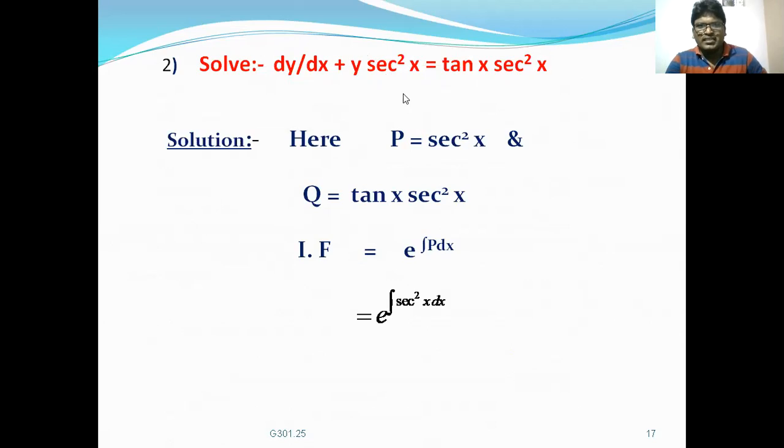And the second condition is compulsory: the coefficient of y and the right side terms should contain only x terms or constants. In these terms we get x variables only.